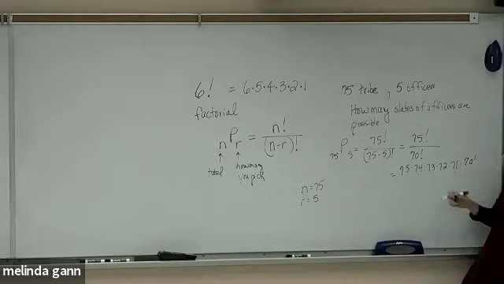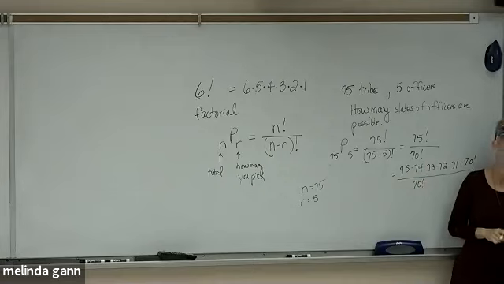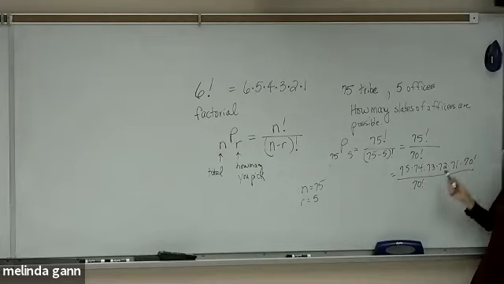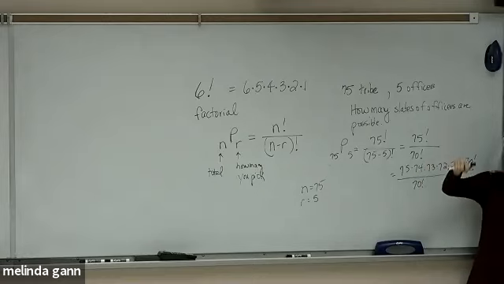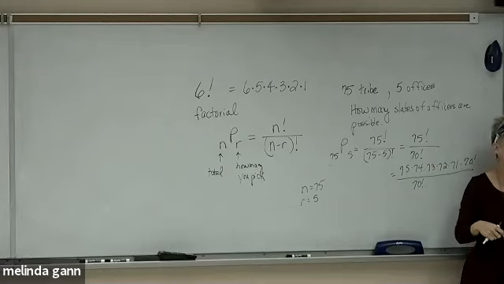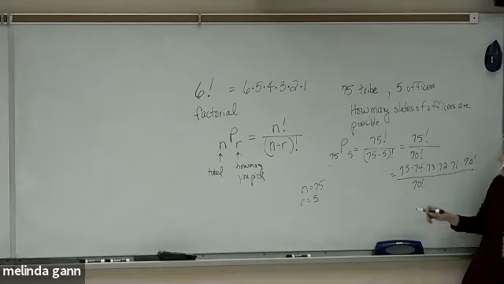Because what's on the bottom? 70 factorial. So what can I do with this 70 factorial and this 70 factorial? They'll divide out. That's quicker than me doing 70, 69, 68, everybody with me, slashing out 70 numbers up here and 70 numbers down there.